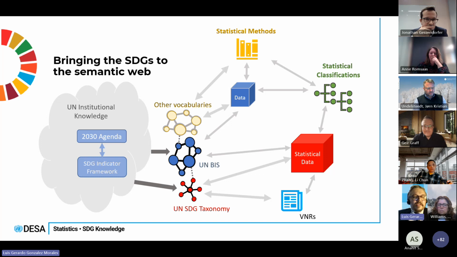So starting, for instance, with the UN Bibliographic Information System, that taxonomy that allows to categorize documents that are managed by the library. When we connect this with other vocabularies and now with the UN SDG taxonomy, we are able to provide the semantic interlinkages for applications to start joining things that apparently belong in different domains, but are interrelated through deep connections of meaning. So this is where the magic of the linked open data and the semantic web starts to happen.